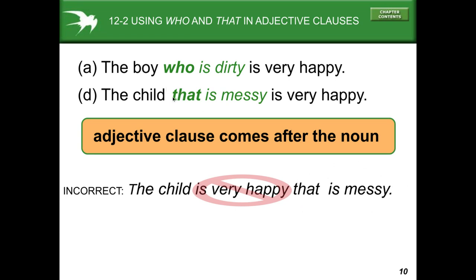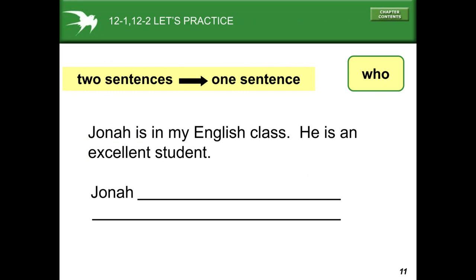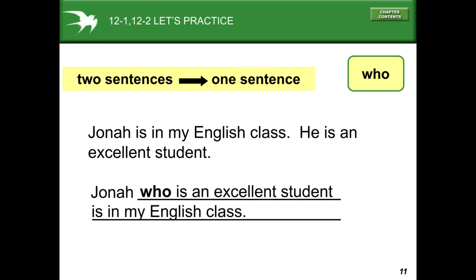So that is messy, that's our adjective clause right here. You can see this person put the adjective clause at the end of the sentence, but we need it to go after the noun, not at the end of the sentence, not unless it ends with a noun that you're trying to modify. Okay? So that's the mistake that people make.